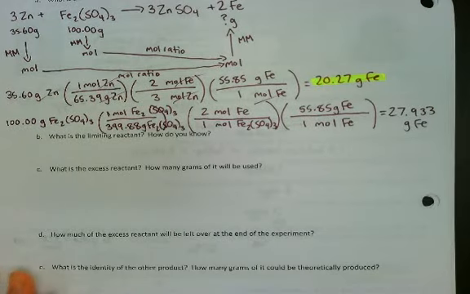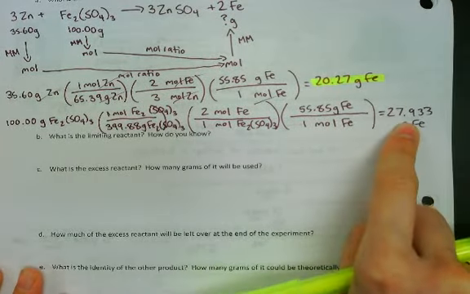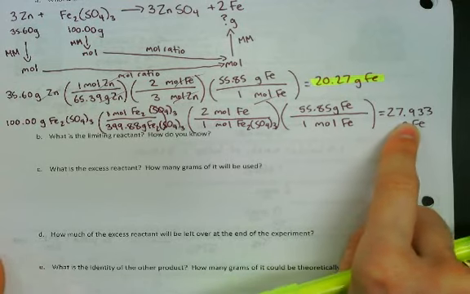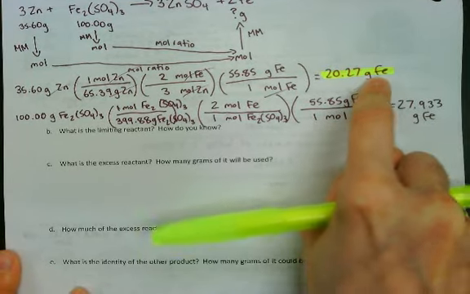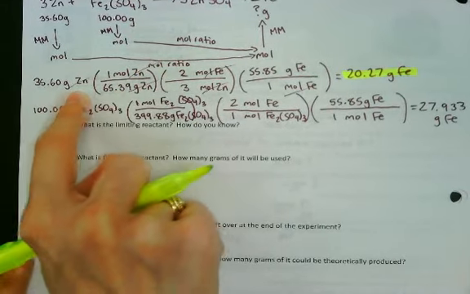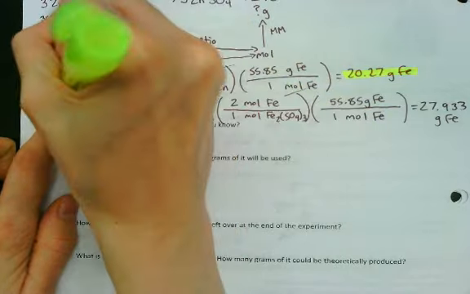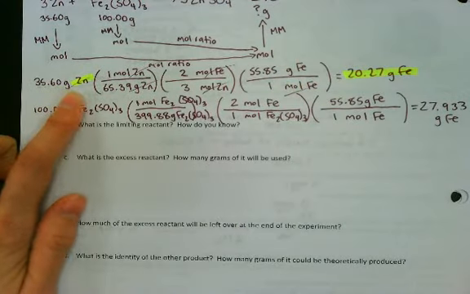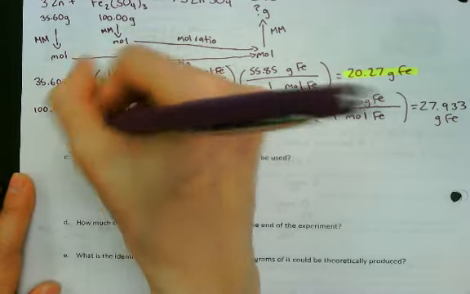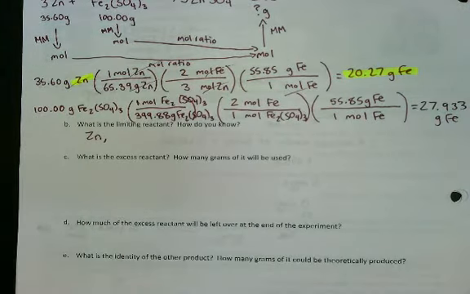Okay? 20.27 grams is less than 27.933 grams. Okay? So I'm going to go back and look back to the beginning, and see what reactant made that amount of iron. So the reactant in question is zinc here, okay? So zinc is our limiting reactant.